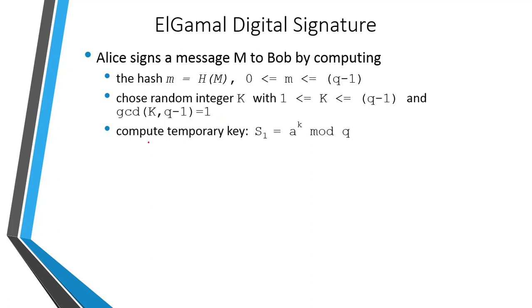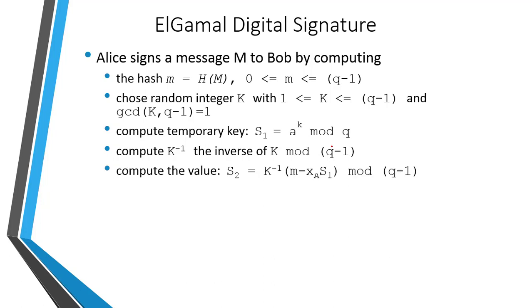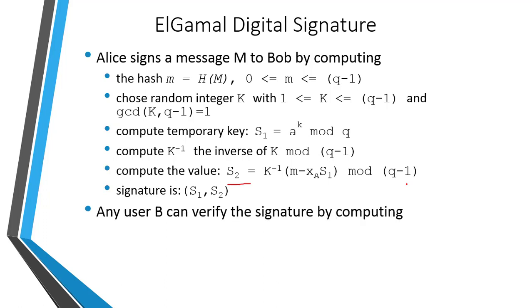After that it computes the temporary key S1, that is A raised to K mod Q, and then computes the K inverse and also computes S2, which is equal to K inverse times (m minus XA S1) mod Q minus 1. So the output of the signature function is S1 and S2.